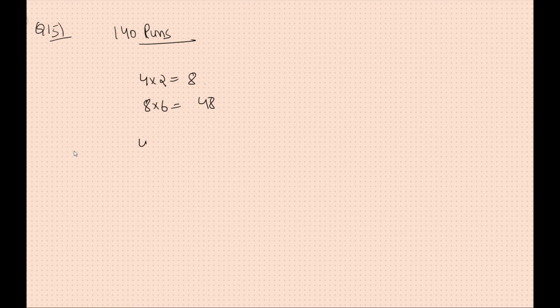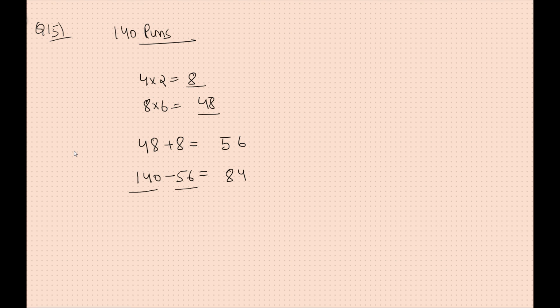So 48 plus 8 will be 56, and 140 minus 56 is total number of runs scored minus total number of runs scored by hitting boundaries and sixes. So you will get 140 minus 56 will be 84.